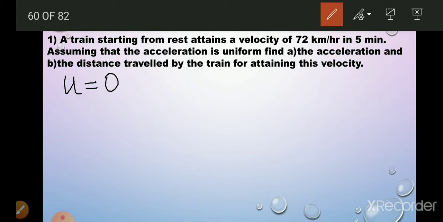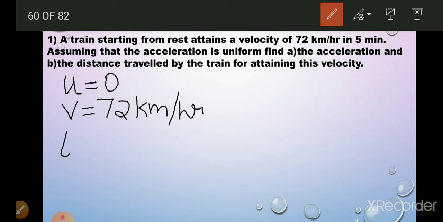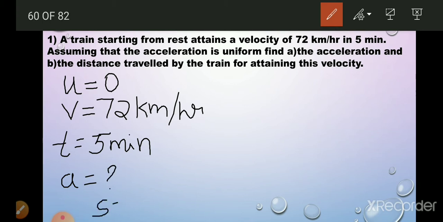Then final velocity v is equal to 72 km per hour, and time is given, that is 5 minutes. Assuming that the acceleration is uniform, they have told us to find the acceleration. And also we have to find the distance travelled by the train for attaining this velocity.